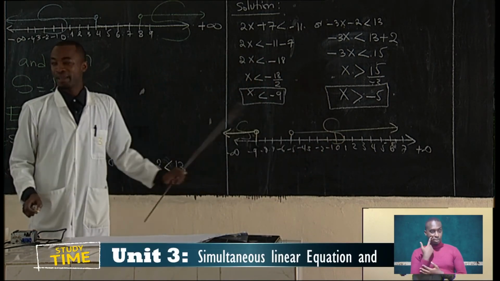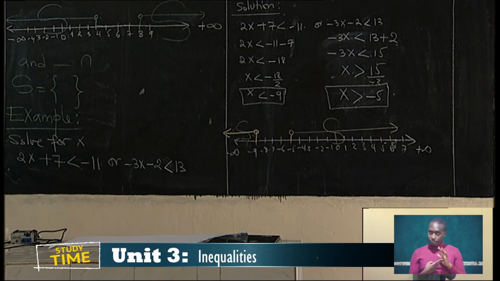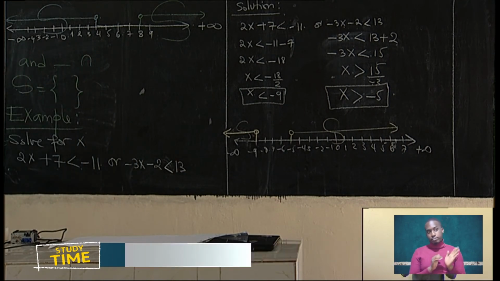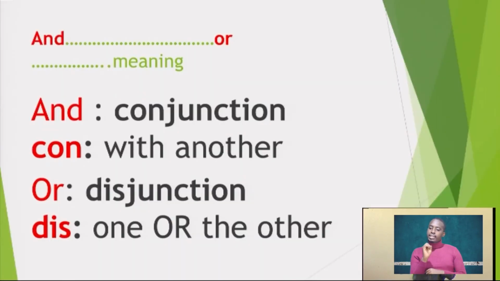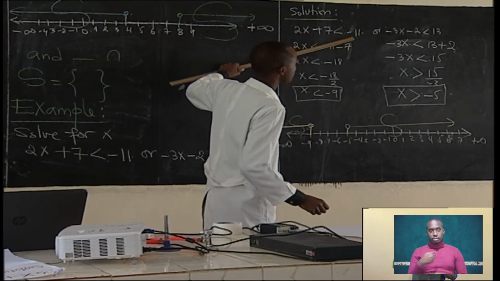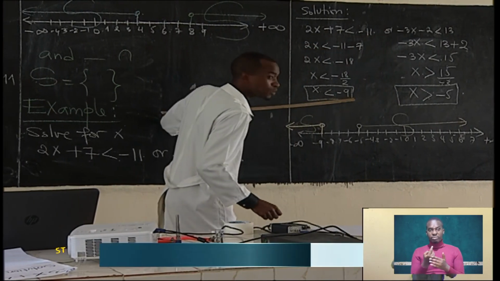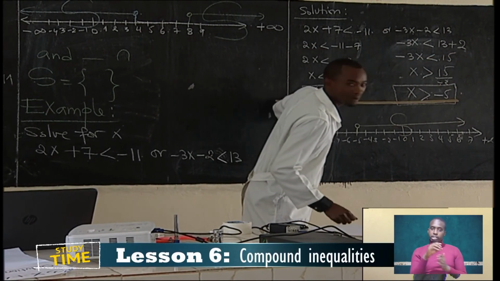You see? When you go back a little bit here, you remember we've said or, it means disjunction. We have one or the other. It means our statements, as we have them here, one solution can be this one or the other one.